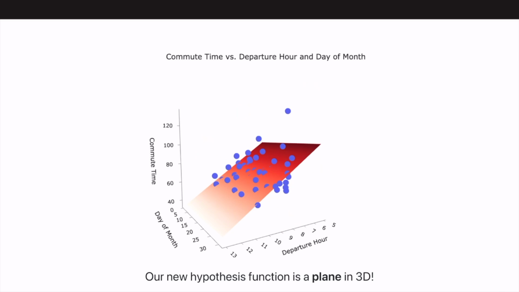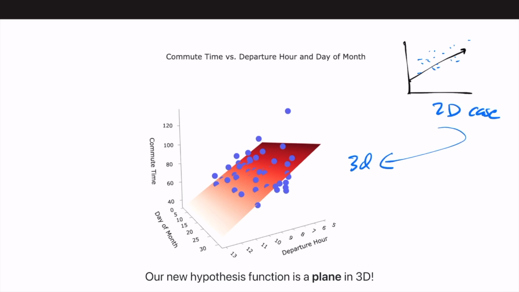So this plane here is what our original line was in our linear regression. Originally we had something like this, and then these were maybe our data points. This is the 2D case.